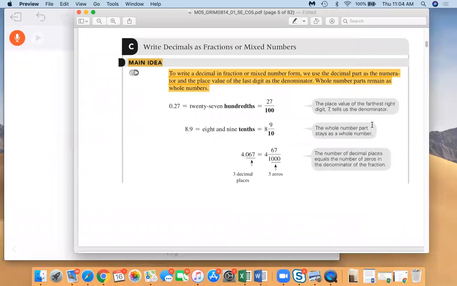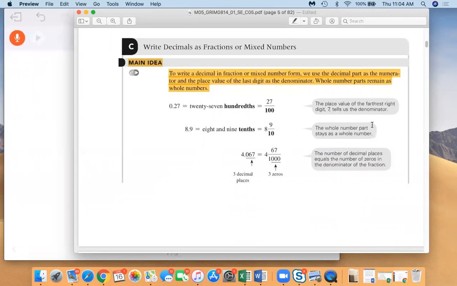All right, so now we're going to write decimals as fractions or mixed numbers, and this is where it's actually good. This is where you can understand what fraction we're looking at and how the decimals correspond to one another. So here, to write a decimal in fraction or mixed number form, we use the decimal part as the numerator and the place value of the last digit as the denominator.